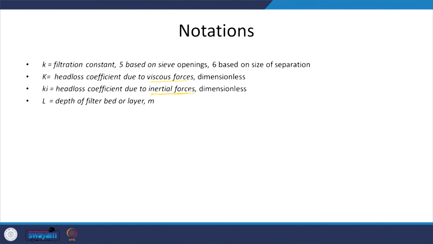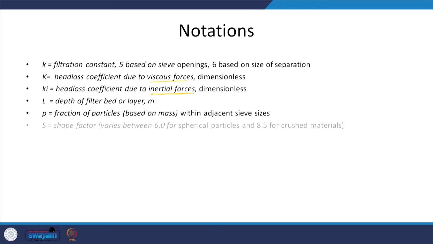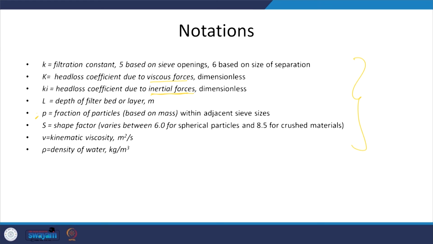L is the depth of filter bed, P is the fraction of particles based on mass within adjacent sieve sizes. S is the shape factor, which is a different notation used by a different set of books, but I wanted to give both notations. We have also seen this earlier. Kinematic viscosity, density of water. Okay, let us move on.